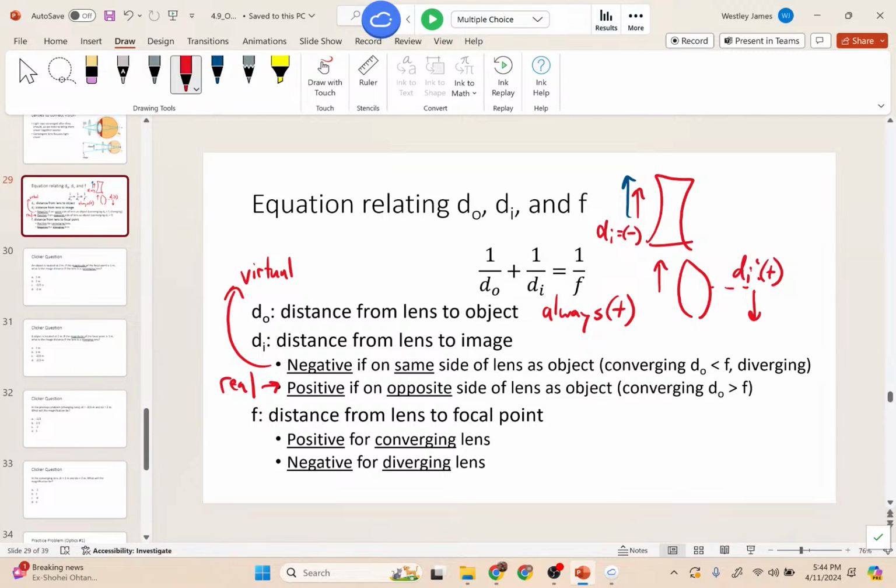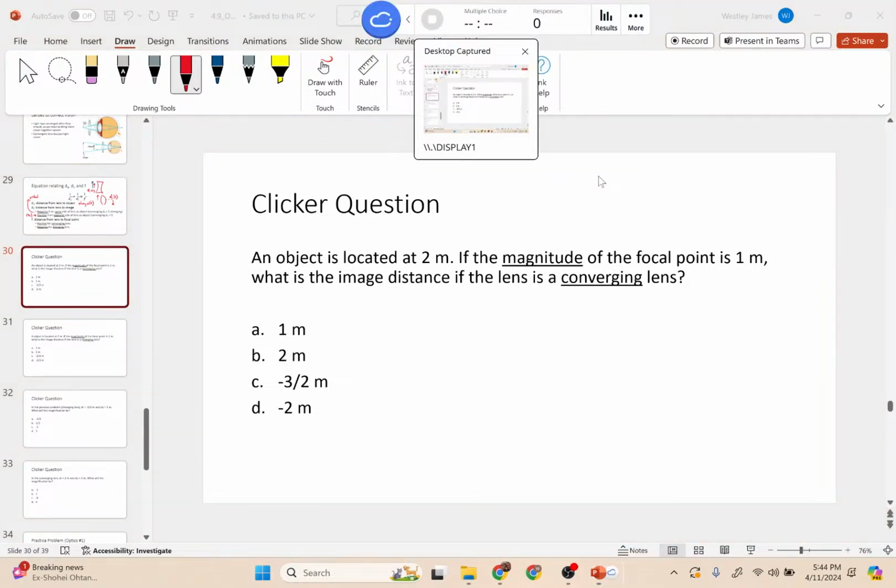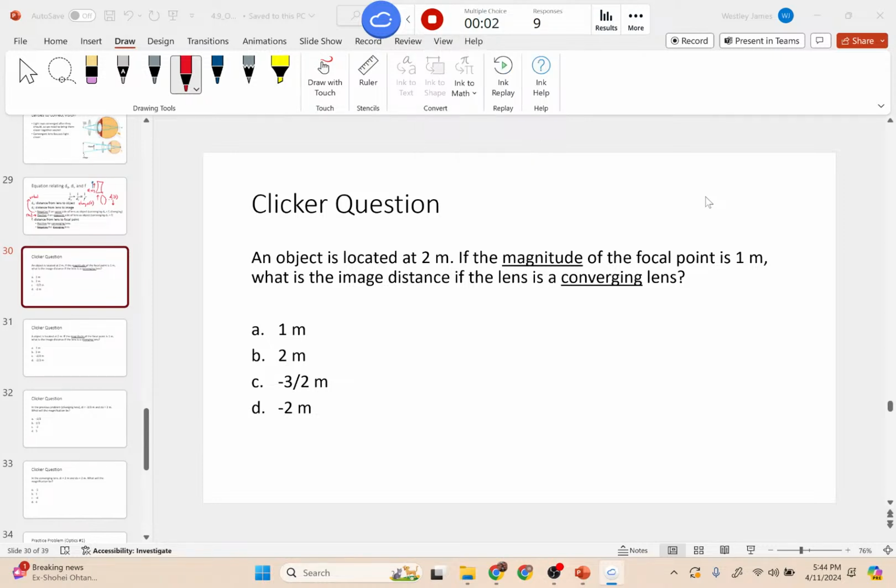Let's see. We got 6 minutes. Do we even want to risk a clicker question? Yeah, sure, why not? Yeah, this is fine. Is it fine? How did I mess this up? All right, let's go ahead and fiddle with these things because the answer isn't here.